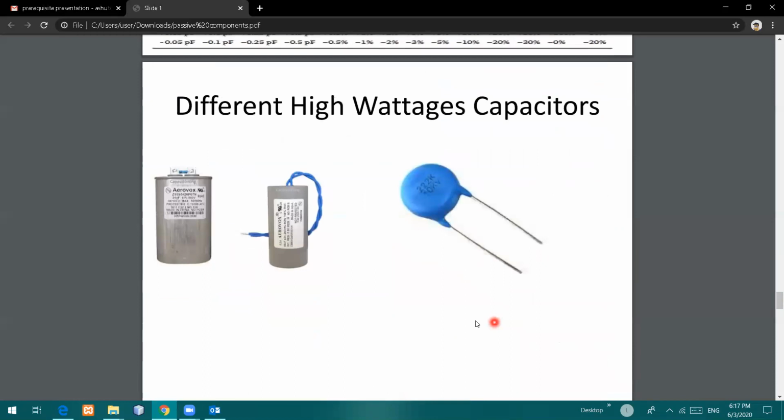Then which are the different high wattage capacitors? You can see these are the photographs of the high wattage capacitors available in the market. This particular capacitor, you may know, is used in the ceiling fan. In a ceiling fan there is always a starting capacitor and a running capacitor. The starting capacitor provides the starting torque, and the running capacitor provides the running torque to maintain the torque.